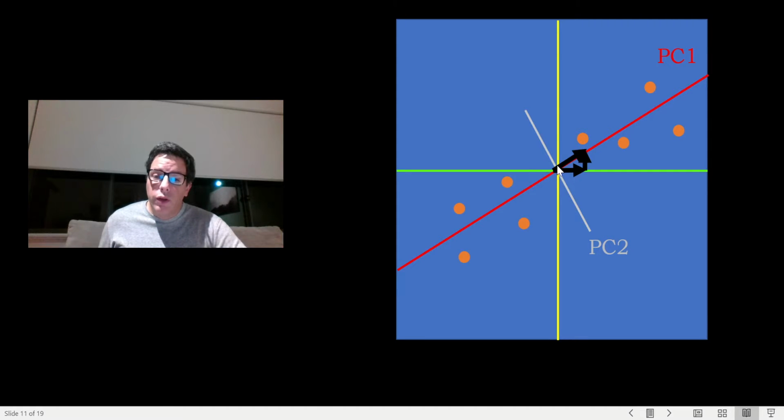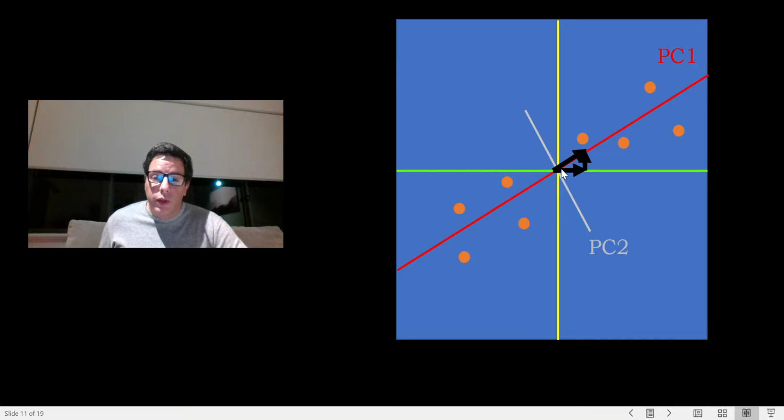So we call this vector the eigenvector of principal component 1, and in order to specify the eigenvector, we know that the length is 1, but we need to know this value and this value.